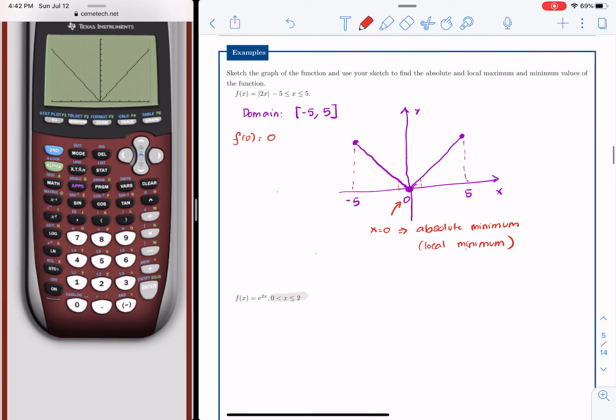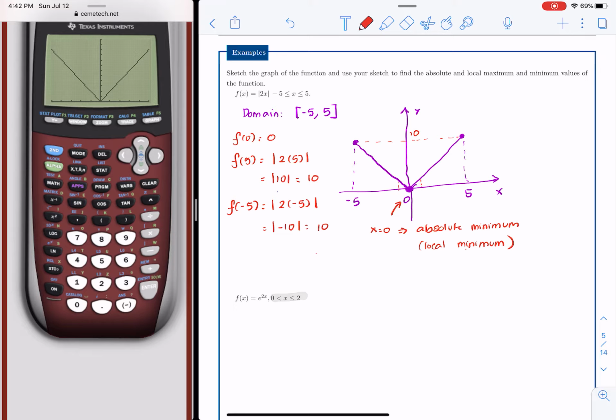Now, does it have an absolute maximum? Well, the largest value that we can think of is 10. So when I plug in f of 5, I get absolute value of 2 times 5, absolute value of 10, which is 10. When I plug in -5, I get absolute value of 2 times -5, which is absolute value of -10. I still get 10.